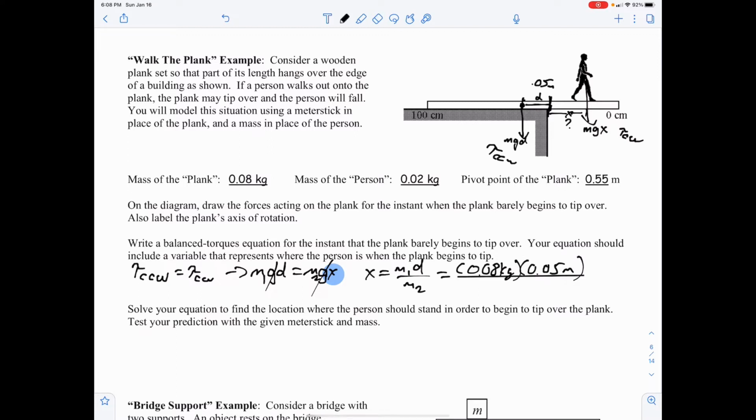So we're putting 5 centimeters in here, divided by m2, which is the mass of the person, 0.02 kilograms.